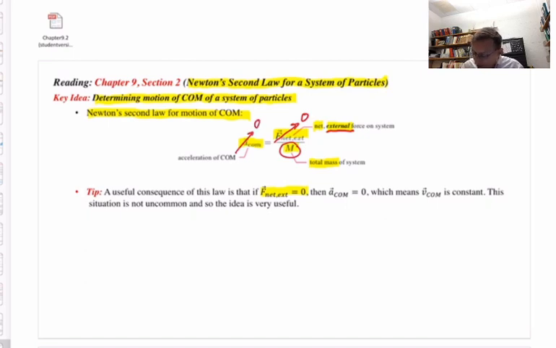So if the net external force on a system equals zero, then the acceleration of the center of mass must equal zero. The center of mass can't accelerate. Now, from the very definition of acceleration, we know that the acceleration of the center of mass vector is related to the velocity of the center of mass vector by a derivative.